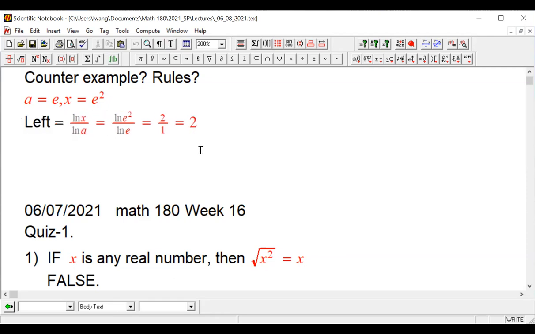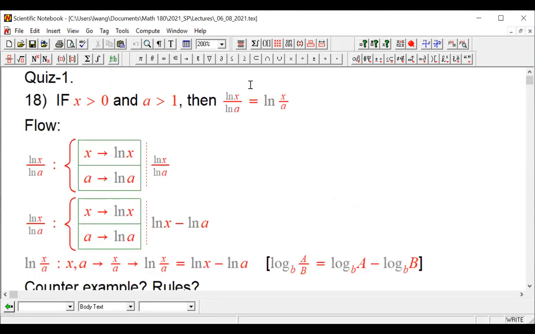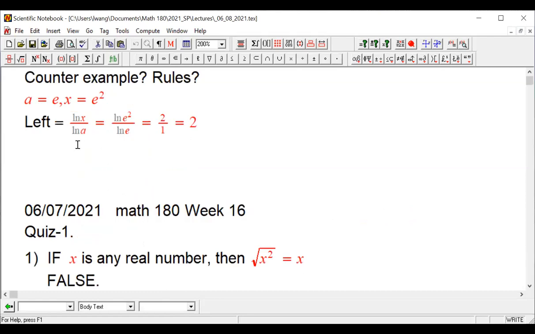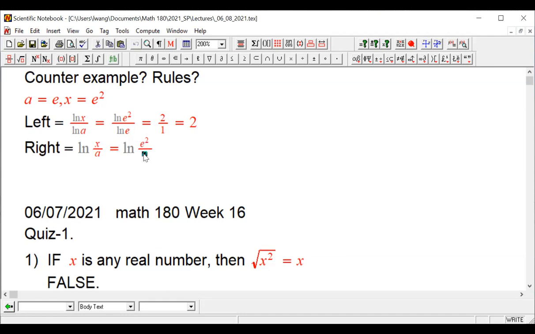I don't know if this counterexample will work. The next one, the right-hand side: we have ln of e squared divided by e.